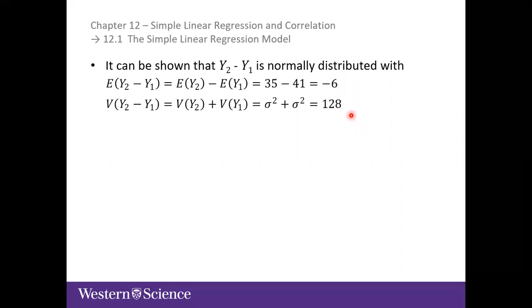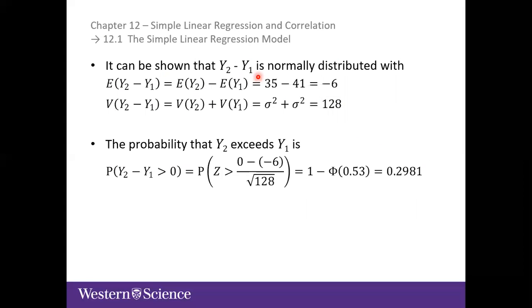Once we have the mean value and the variance of y2 minus y1, we can do probabilistic calculations. The probability that y2 is greater than y1 is simply found with the threshold value of 0, minus the mean value, divided by the standard deviation.